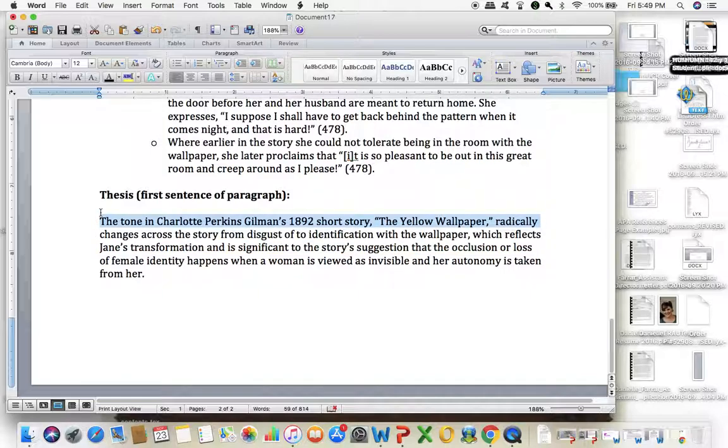So the first thing that I want you to notice is all of the contextual information that I have here. This is the type of stuff that you want to include, and there are a number of ways you can order it, right?